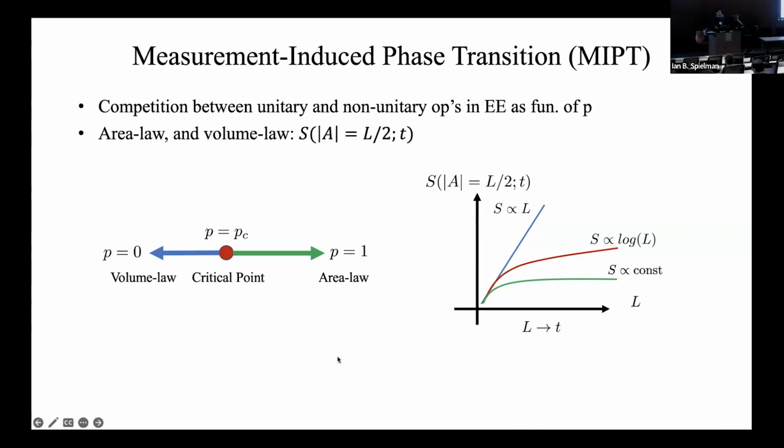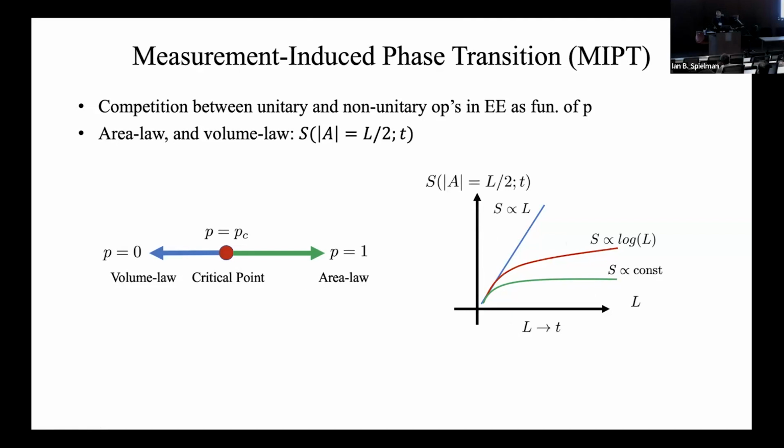And if the measurement rate is very large, we end up with a system whose entanglement is finite, it saturates with the system size. And in between them, there's a critical point where the entanglement entropy scales logarithmically.